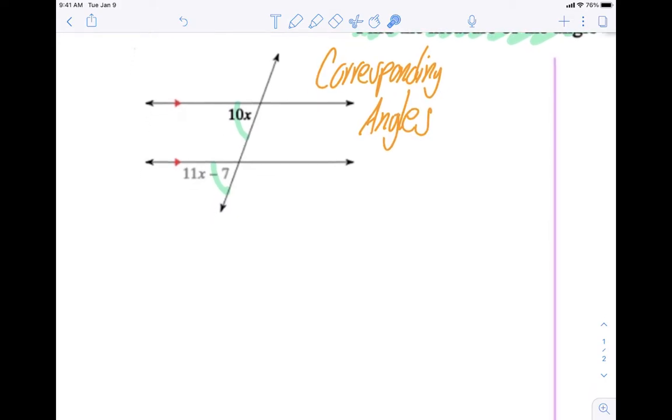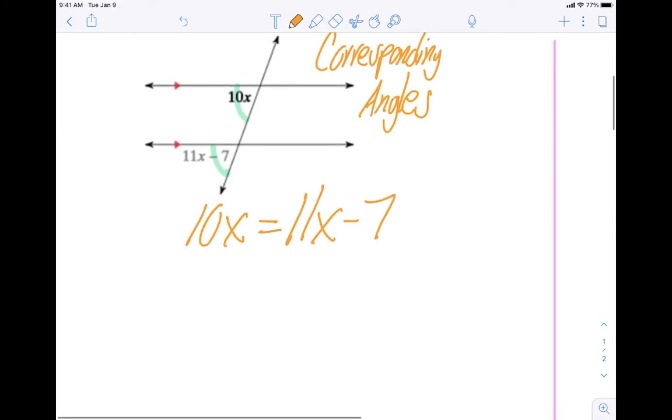So let's take a look here. So I have 10x is equal to 11x minus 7. Look at that. So what I want to do is I'm going to draw my line of separation, and I'm going to move this 11x over to this side and say minus 11x.